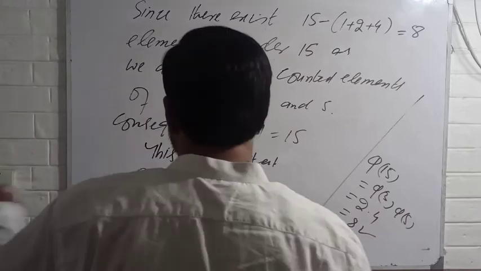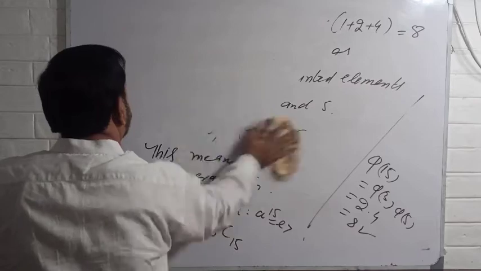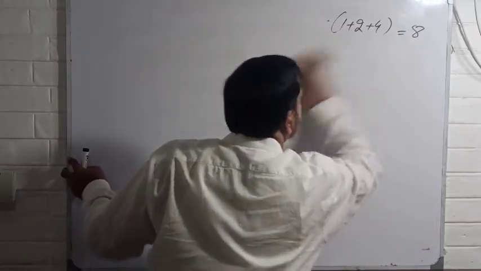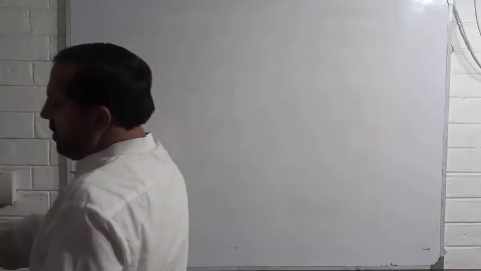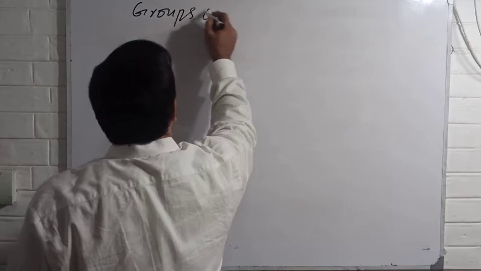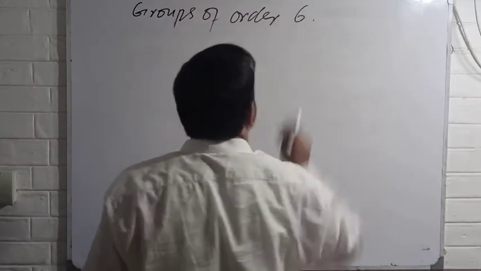Similarly, by using Sylow's theory, I can find groups of order 6.